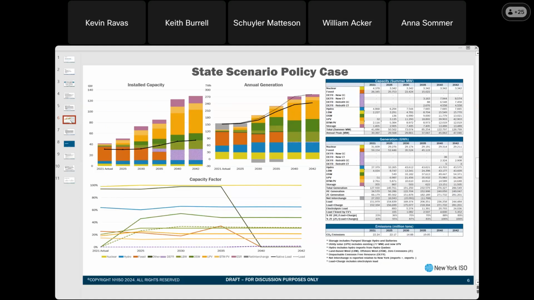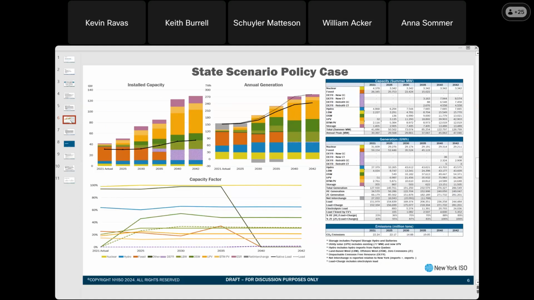Okay, so what's being shown here is a summary of the results. Again, this should be familiar relative to what was shown at the last EPPAC, but what you'll see here is a heavy reliance on solar UPV to meet the CLCPA targets in 2040.